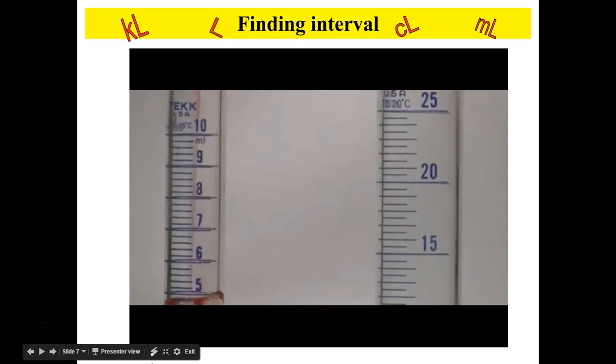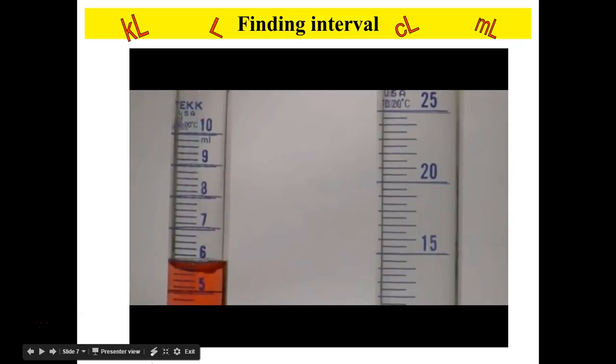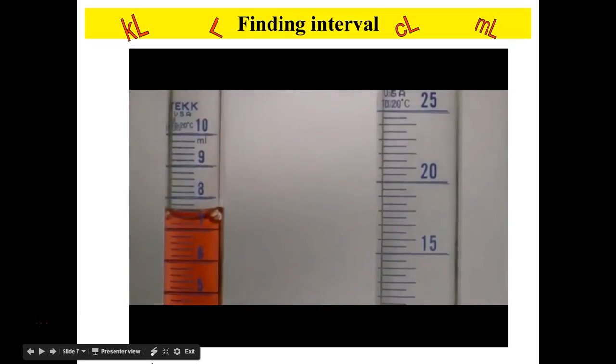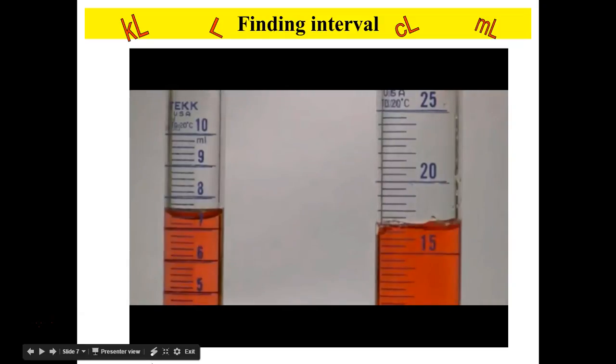If we fill both of these graduated cylinders up, let's try to take an accurate measurement of the two liquids. Let's try to measure out the volume on the smaller graduated cylinder. This line here is a 7 milliliter mark.